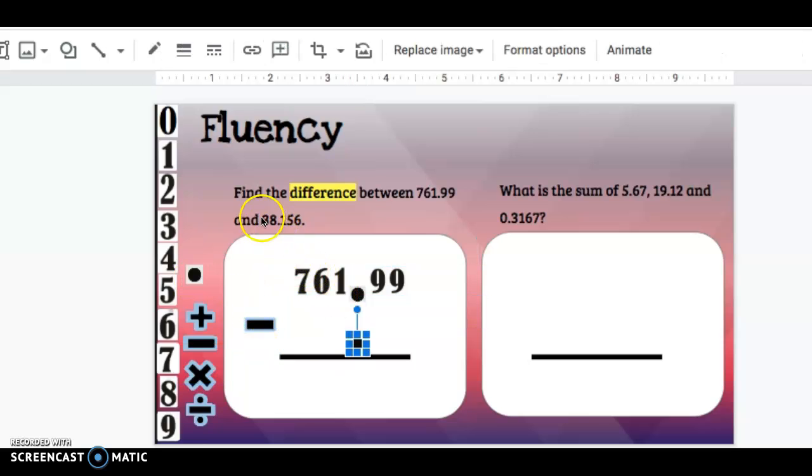And then I look for the 8. The 8 is in the ones column, so that means that I'm going to put it underneath the 1 because in the first number, the 1 is in the ones column, so I'm going to line them up. Then I'm going to look, and 3 is in the tens column, so I'm going to put a 3 underneath the 6, which is in the tens column. The 1 is in the tenths column, so I'm going to put that in the tenths column.